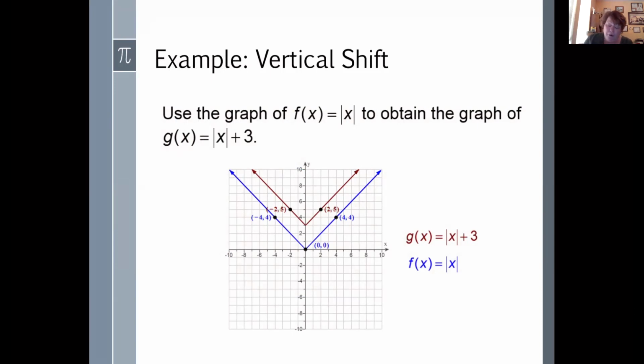Each vertical point on the graph of my standard absolute value gets shifted up 3 units. So what we have here is the graph of the absolute value being shifted up 3 units. If we subtracted 2, we'd shift the whole thing down 2 units.